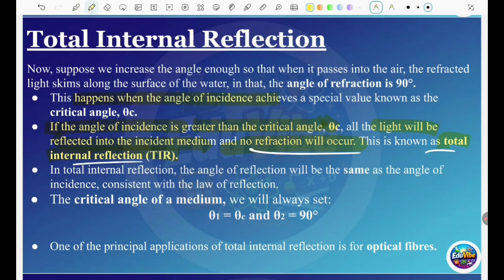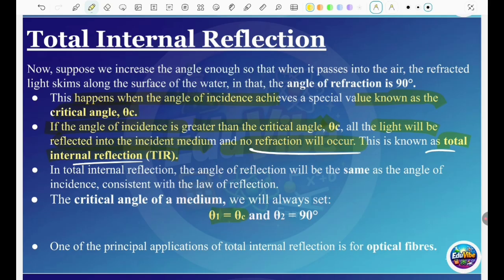This happens when the angle achieves a special value known as the critical angle. If you want to find the critical angle, you work for theta 1, and at the end you can say that theta 1 is equal to the critical angle, which you have to find.